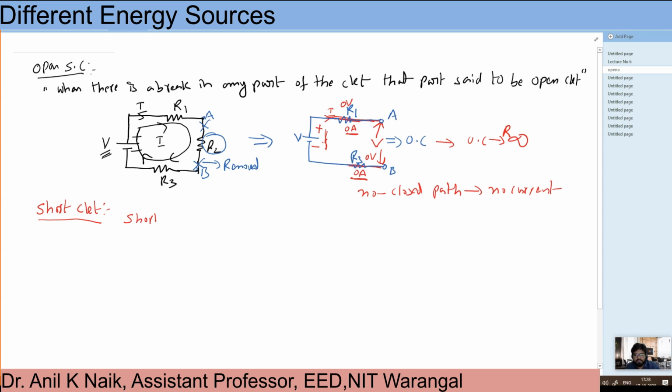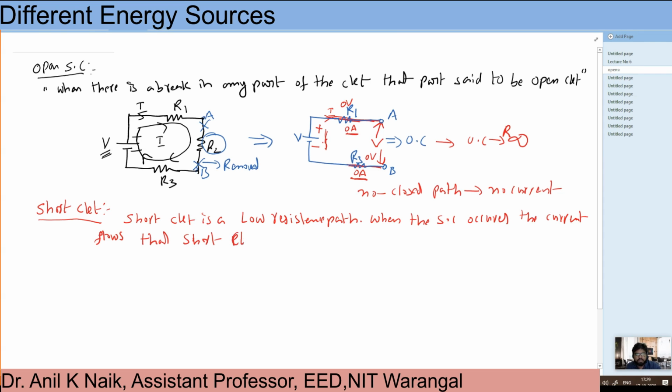When a short circuit occurs, the current flows through that short circuit path only. So that is the statement I'm giving here.